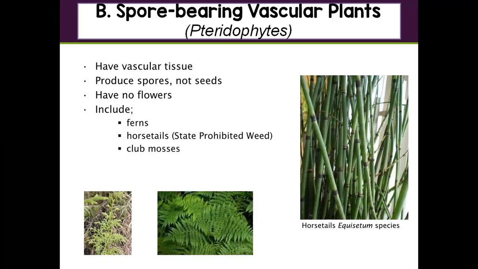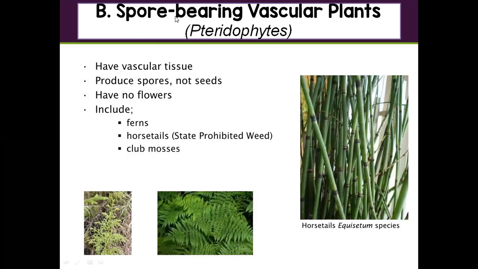Earlier, the seed-bearing plants had true roots, stems, and leaves, and they had seeds and flowers. But the spore-bearing plants don't have seeds and flowers. Pteridophytes have reproductive structures called spores. That's why it's spore-bearing, because they reproduce through spores.